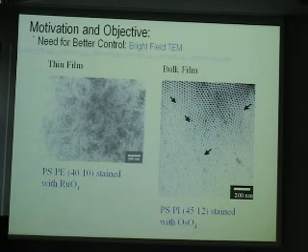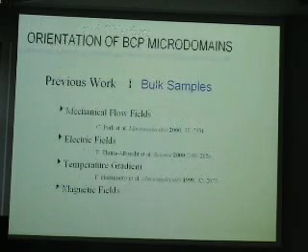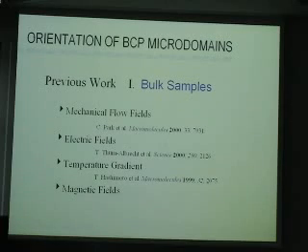Even though we did the long time heat treatment, still we have a grain boundary and the point defect, as I indicated with the arrows. So this is the motivation of our research as well as the objective of our research. How we can create the long-range ordering, how we can control the microdomain structure in the block copolymers for real application. So let me just talk about how we can control the orientation of block copolymers.